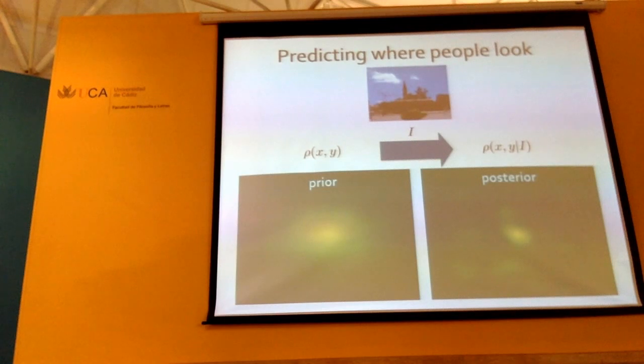So if you know about information theory, how you would quantify the amount of bits that this information of the image content gives you about where people look, you just have to evaluate the Kullback-Leibler divergence between this posterior distribution and the prior distribution.